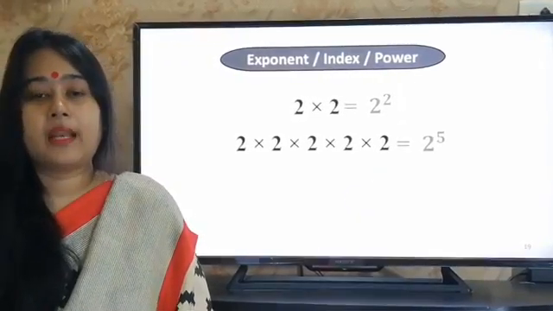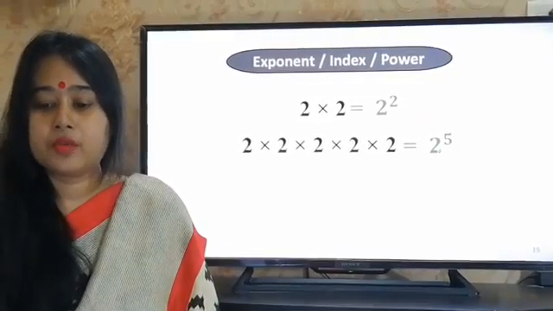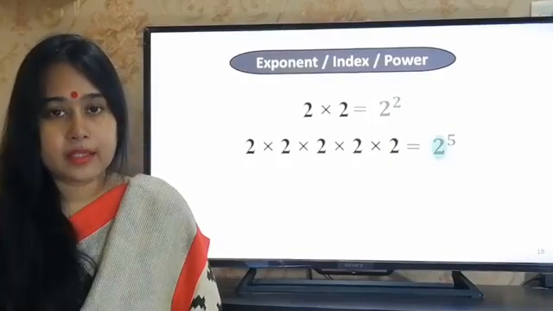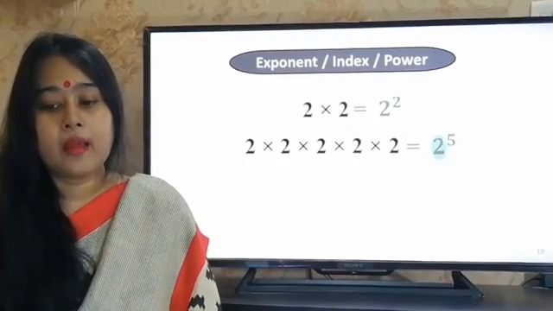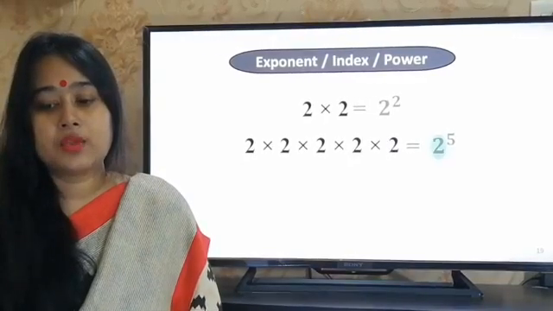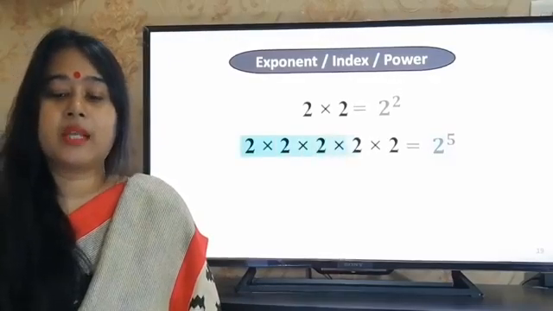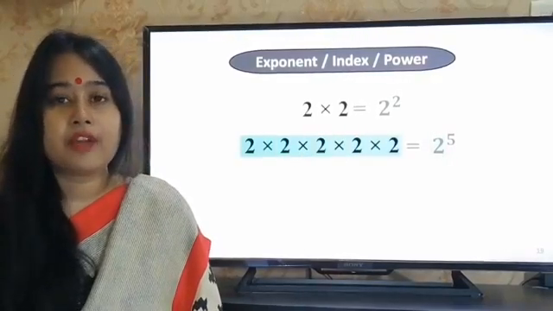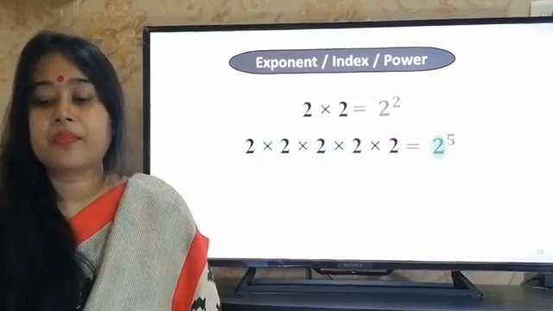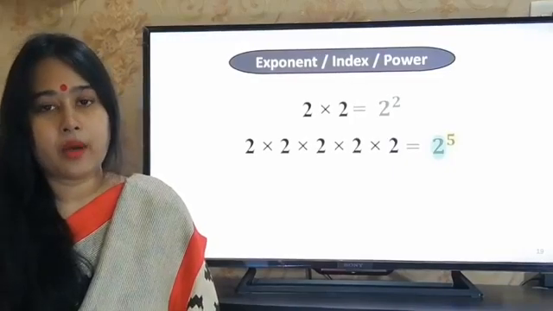Here is another example, 2 to the power 5. This 2 is the base. Why? Because this 2 is multiplied by itself. And how many times is it multiplied by itself? 5 times. So this 5 is the exponent or index or power.